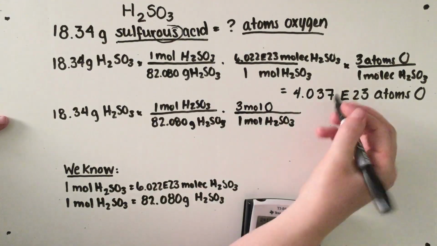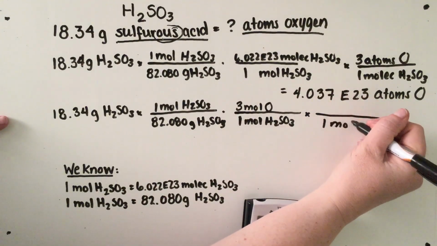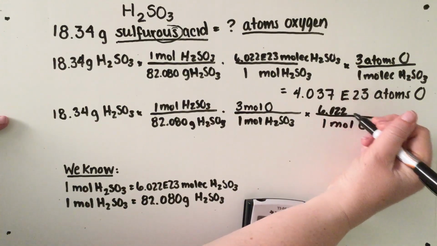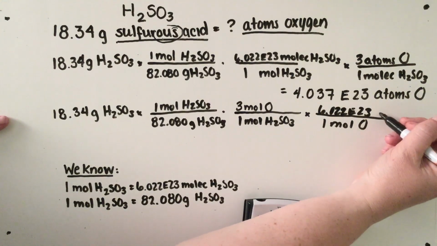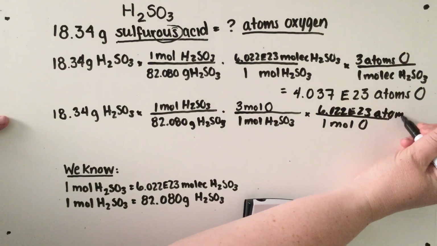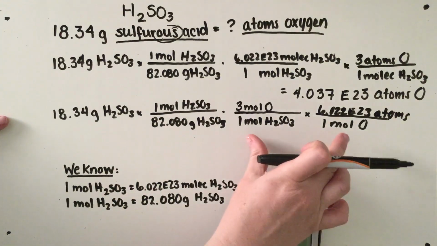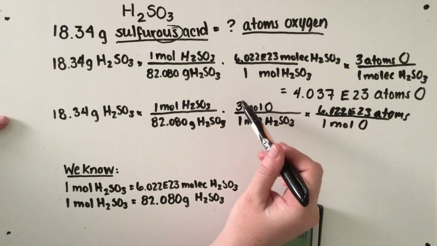And then for our final step, we know that 1 mole of oxygen would be Avogadro's number, and the representative particle of an element like oxygen would just be atoms, which would also get us this exact same answer. It's just doing it at a different place, switching the steps around, and using that ratio a little bit differently.